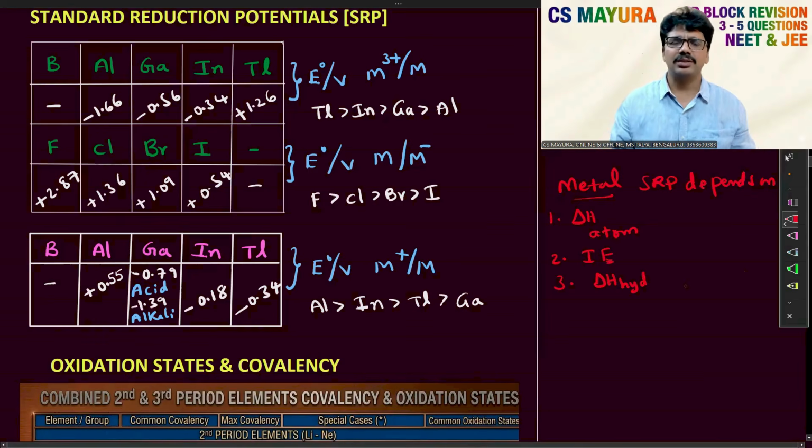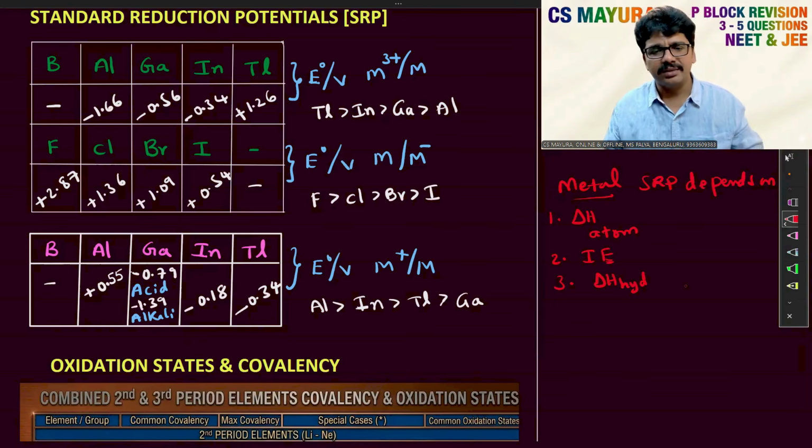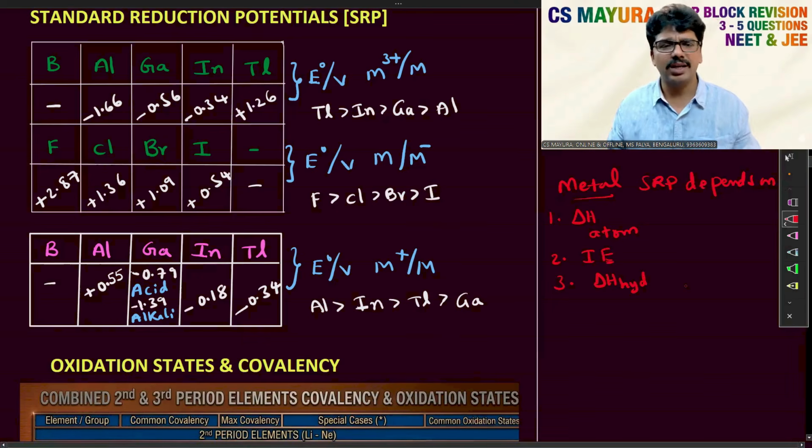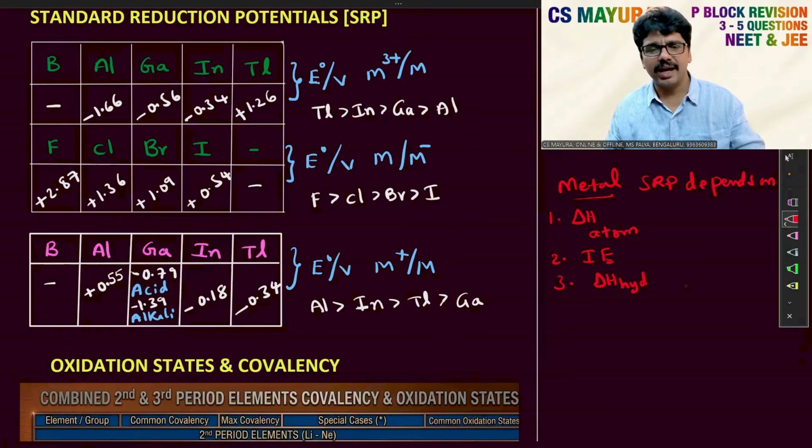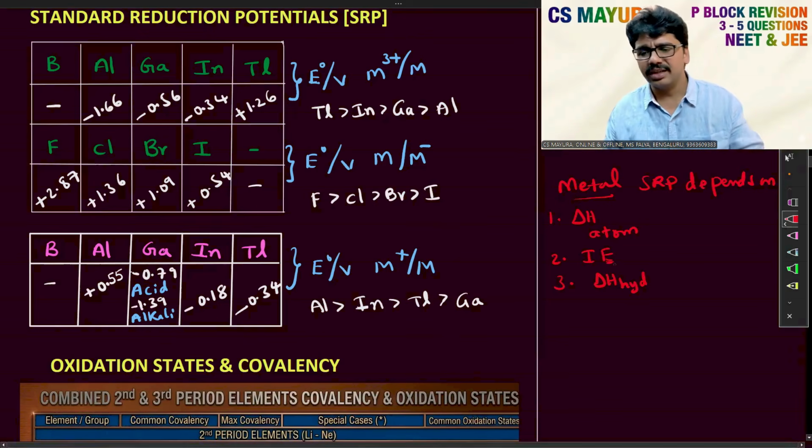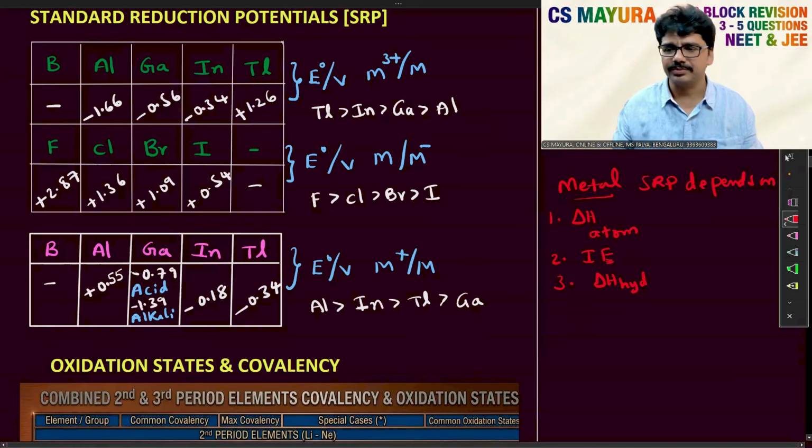That means first we have to break the given solid into individual atoms, and second we should remove n number of electrons, either 1 electron or 2 electrons or 3 electrons, depending on the concept. And third, after removal of electrons, these ions are hydrated in the aqueous solution, and some amount of energy is released. So the SRP value depends on these three factors.